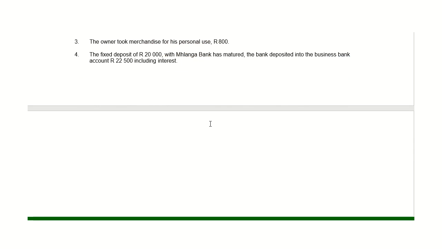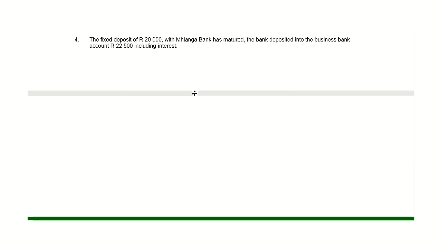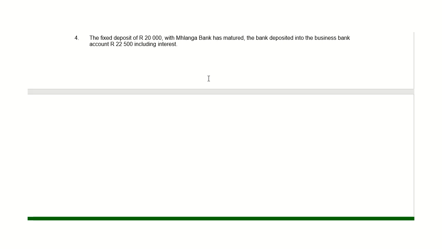Okay, number 4, fixed deposit of 20,000 with Umhlanga Bank has matured. The bank deposited into the business bank account 22,500. So 20,000, but we got 22,500 back, and they say that is including interest. So the bit that we got more, which is 2,500, was interest.